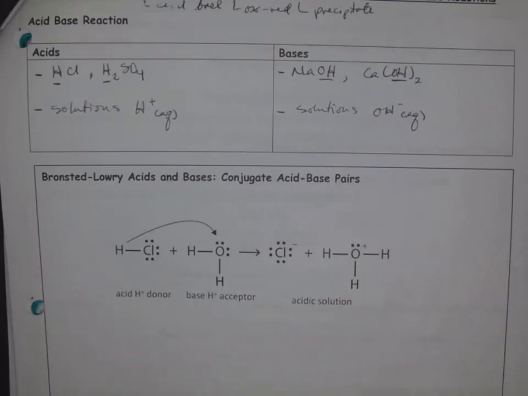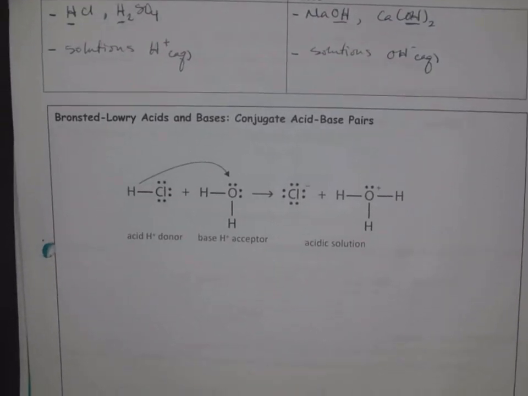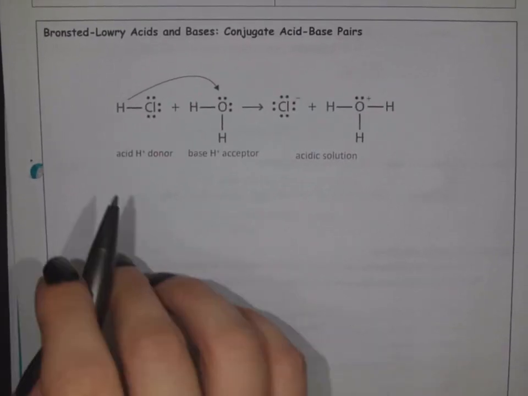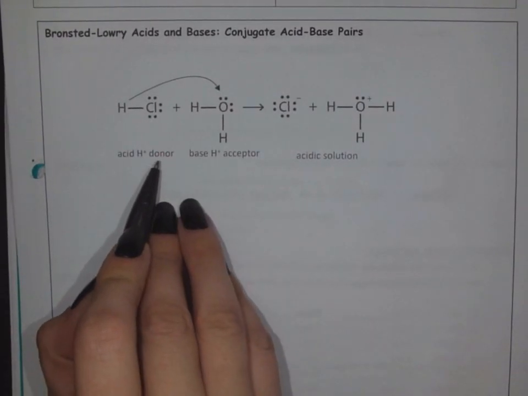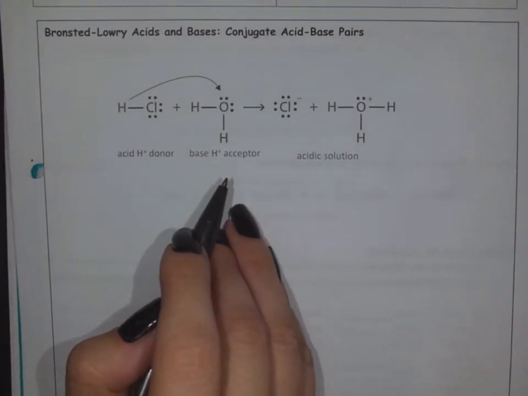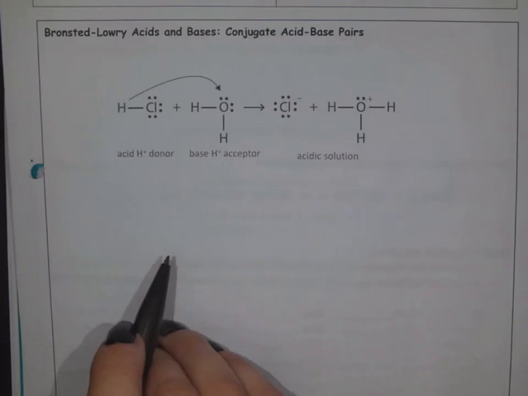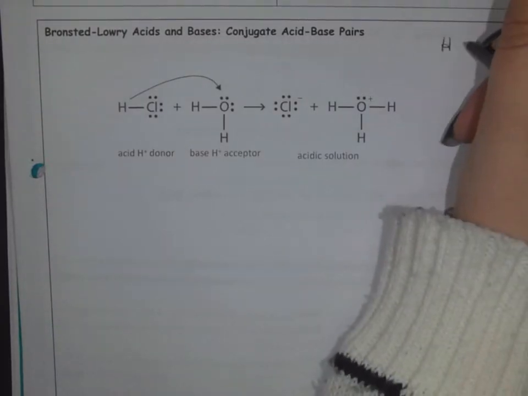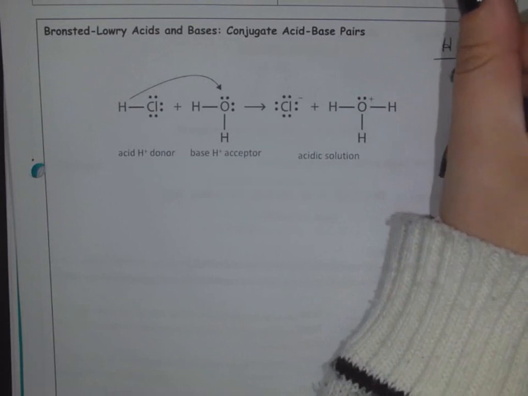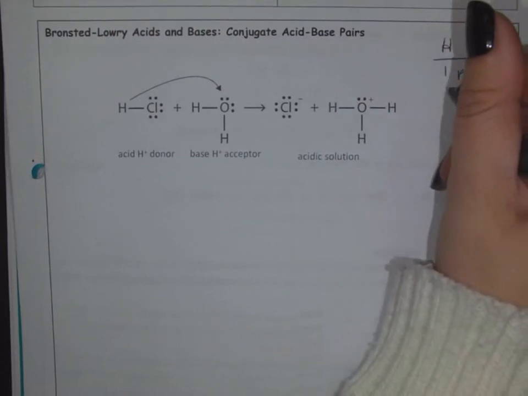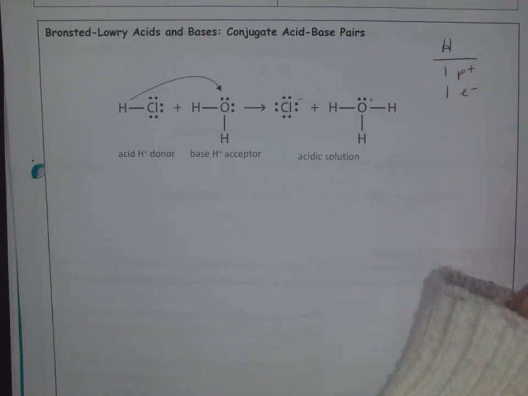For our Bronsted-Lowry, though, we need to know that acids are H+ proton donors and bases are proton acceptors. And so let me show you what I mean. So first off, hydrogen. When hydrogen is neutral, it's got one proton and it's got one electron.